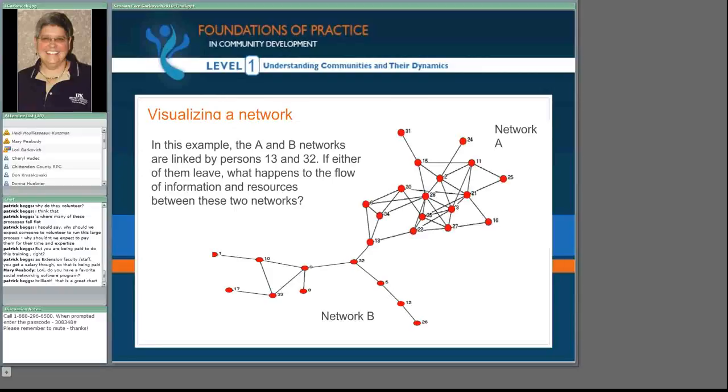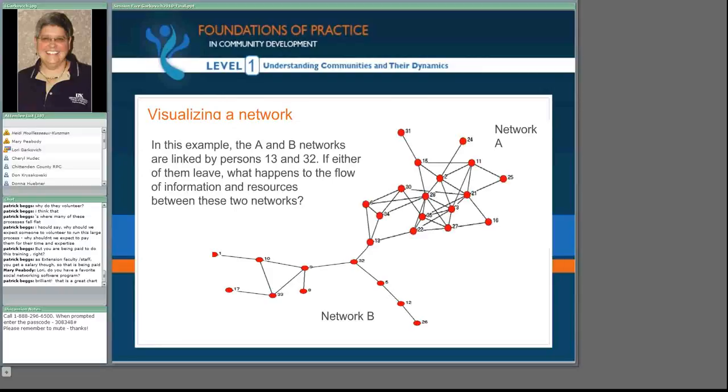But I'll be honest with you, most of the people that I know that are using this use colored pencils on paper. They just make circles, and they color the circles in depending on the type of connection that they have. And it's not rocket science. You just start saying who's connected to whom.